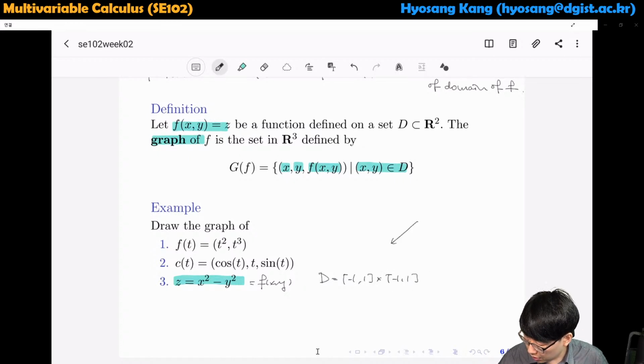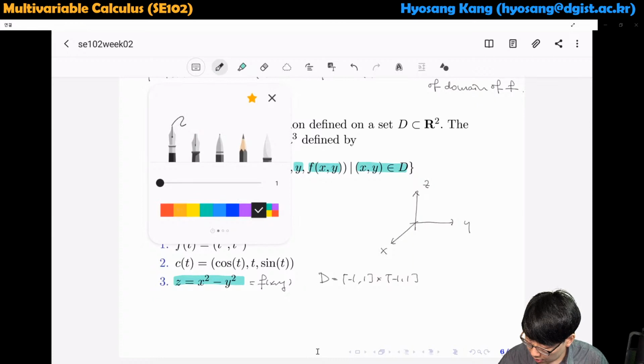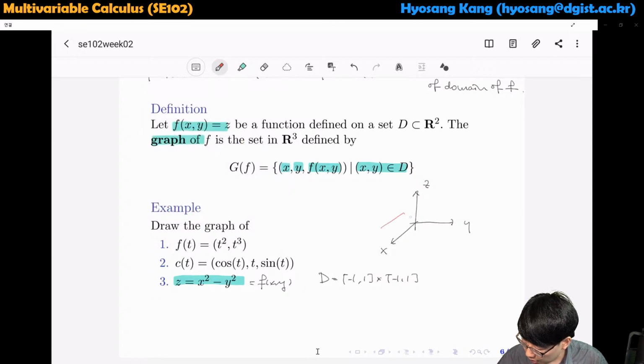So here is the x axis and here is the y axis. I can draw my point x comma y inside of the xy plane, but I have another variable z, which is changing with the values of x and y simultaneously. So I need to draw another axis, the z axis. I first define my domain of the function here.